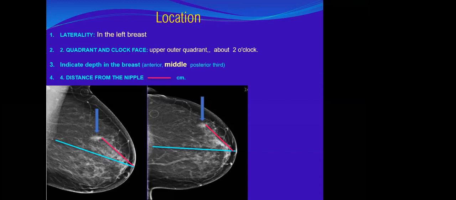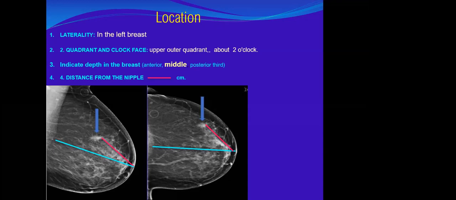And it is within the middle of the breast. Okay, you are right. This is in the left laterality, left breast, upper outer quadrant, about 2 o'clock. Depth is middle, and the red line, you have to mention it.